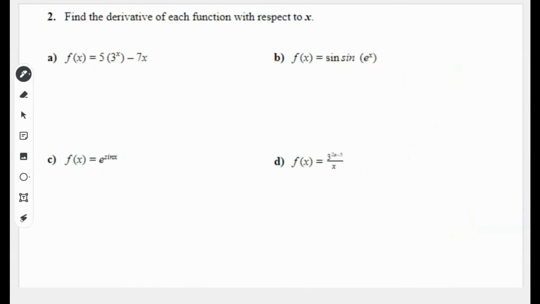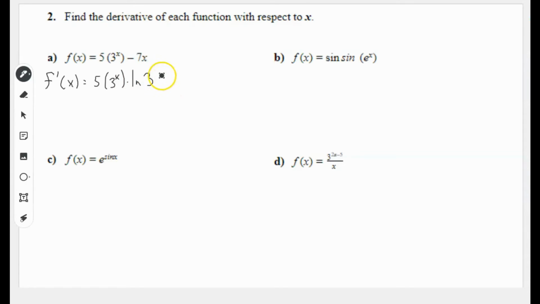Alright, let's try some examples with exponential functions. So for part A, we want to find the derivative of this function. So we have 5. Now the derivative of 3 to the power of x is going to be 3 to the power of x. And since that's a general exponential, we need to multiply by the ln of the base. So multiply that by the ln of 3.